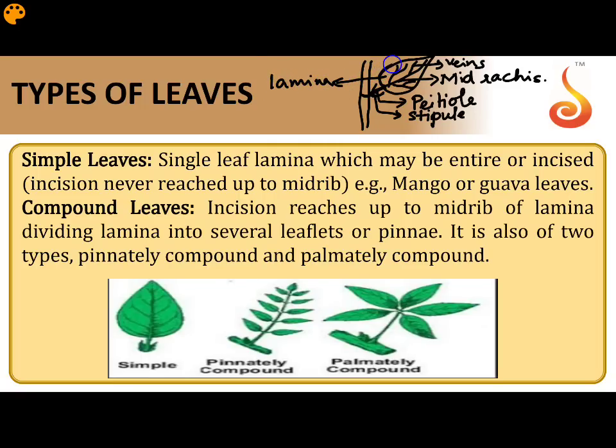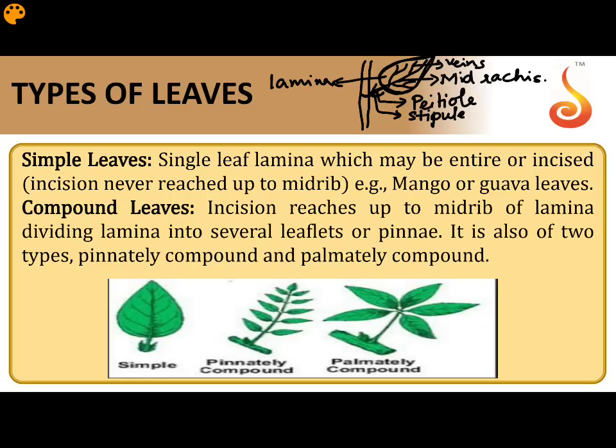This is a simple leaf where you can see the entire leaf is present. There is no incision. So, on this basis, whether or not there is incision, and if incision is there, how deep is the leaf incised, and hence is this a simple leaf or a compound leaf? We are trying to understand the types of leaf.